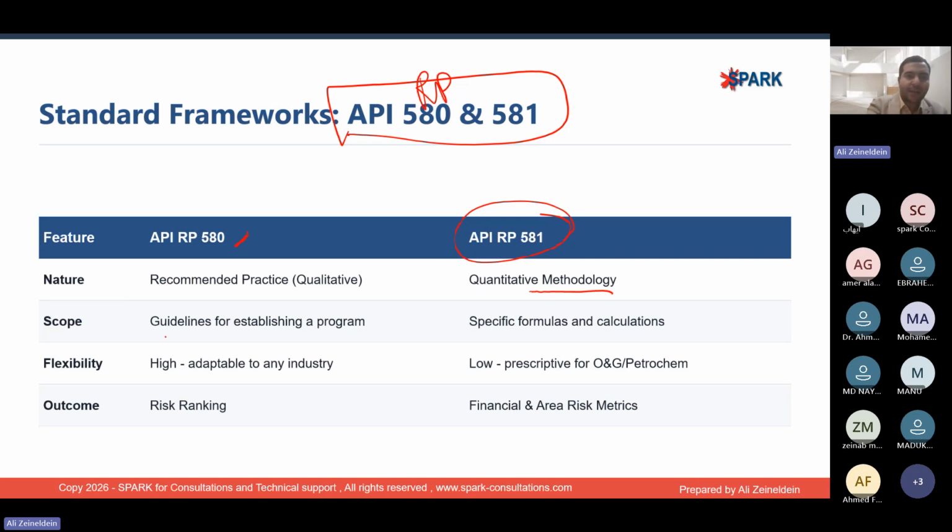Scoping here, and the API 580 guideline for establishing the program, a specific formula here and the calculation.